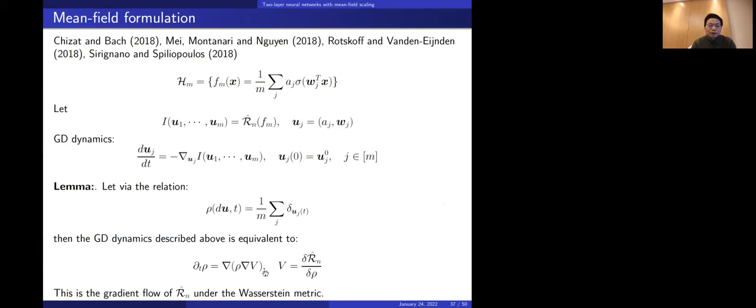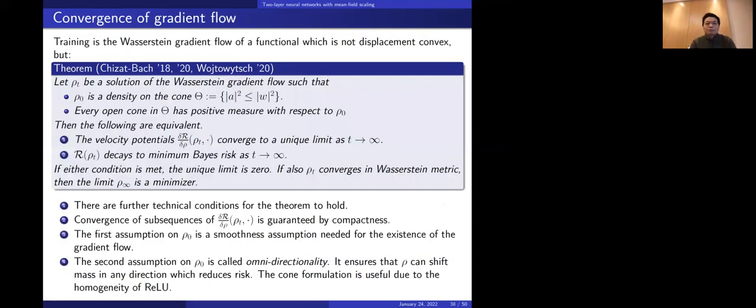Now, what's important is that this is nothing but the gradient flow of the training of the empirical risk under the Wasserstein metric. This is the kind of problem people look at in optimal transport. So the expectation was that the tools from optimal transport would apply here and help us.